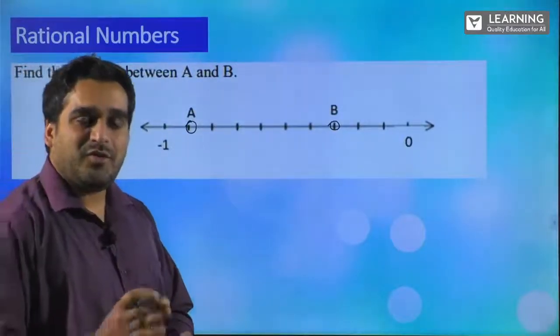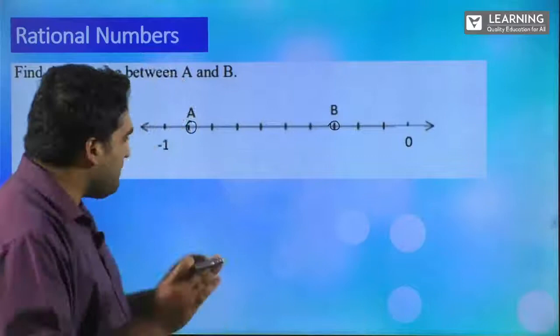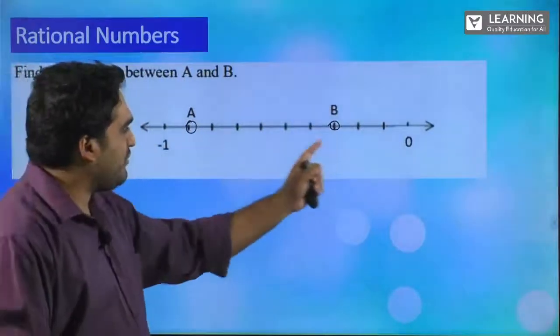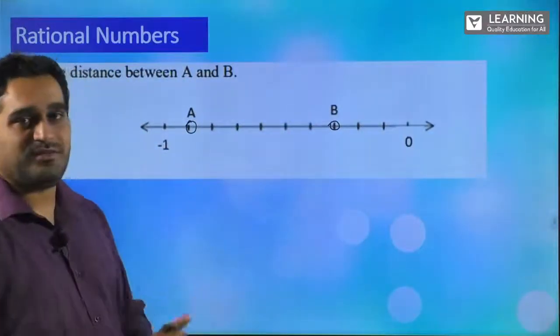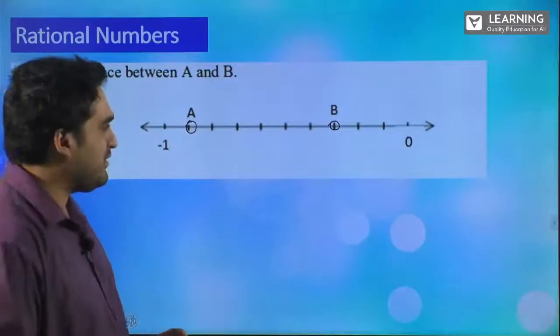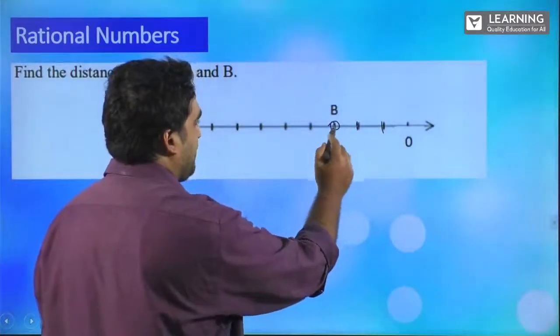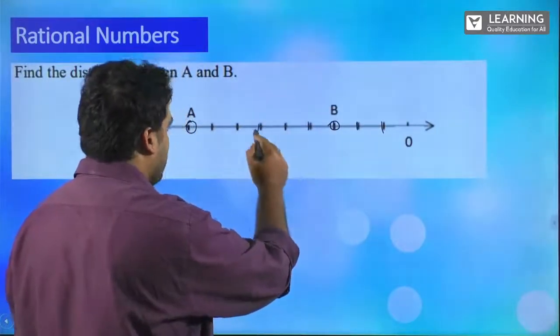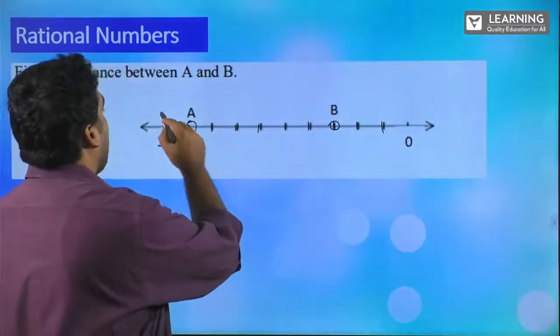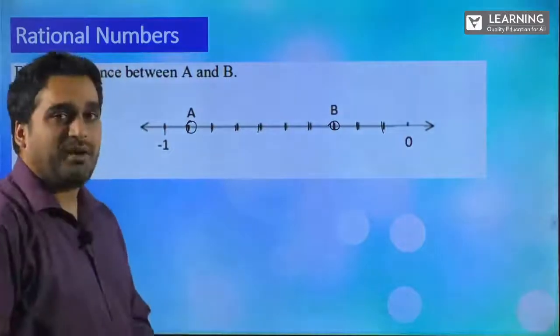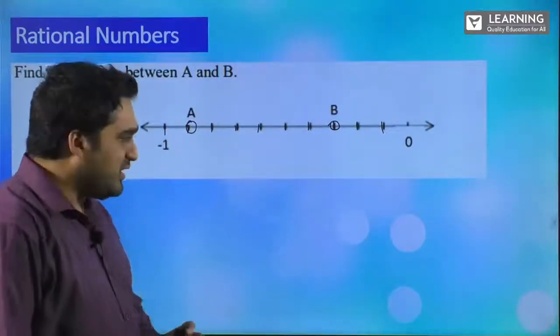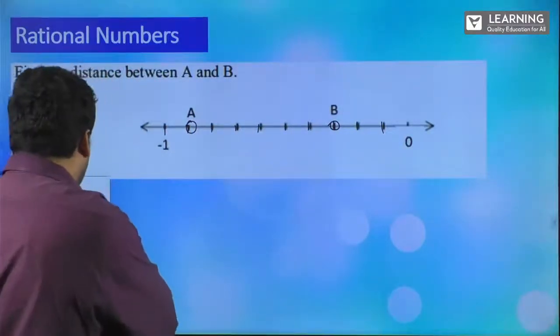Now first, we need to see how many parts from 0 to 1 it has been divided into. How many parts? So let's have a count. There's 1, 2, 3, 4, 5, 6, 7, 8, 9, and 10. So how many parts? 10 parts. Still, no sir, I don't believe you, that's 10 parts.